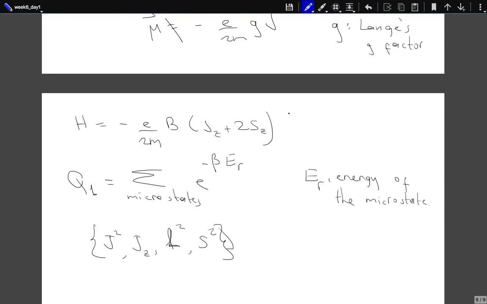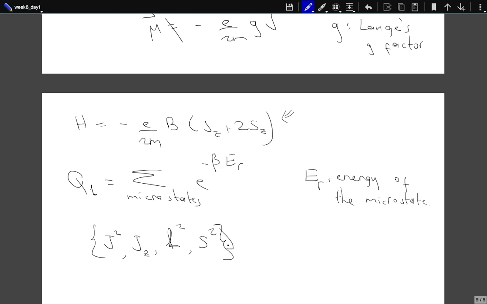And keep in mind that it's an eigenstate of Jz, but not Sz. But when we add these terms, in this basis of eigenstates of J squared, Jz, L squared, and S squared, the Hamiltonian is no longer diagonal, because Sz does not commute with S. Okay, hold on.